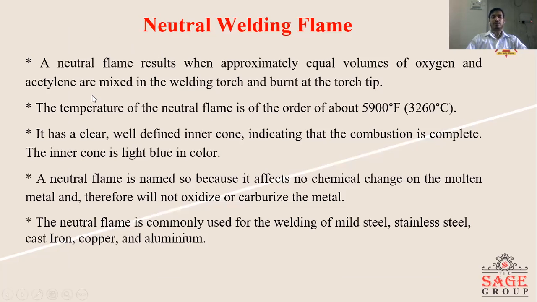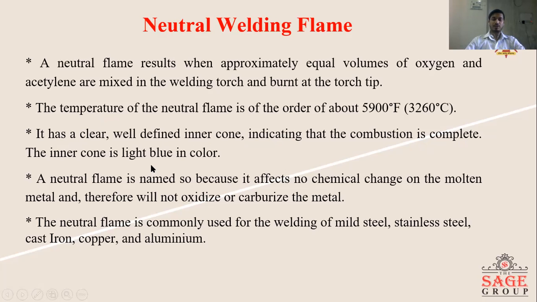A neutral flame results when approximately equal volumes of oxygen and acetylene are mixed in a welding torch and burned at the torch tip. The temperature of the neutral flame is of the order of about 3260 degrees Celsius. It has a clear, well-defined inner cone, indicating that the combustion is complete.